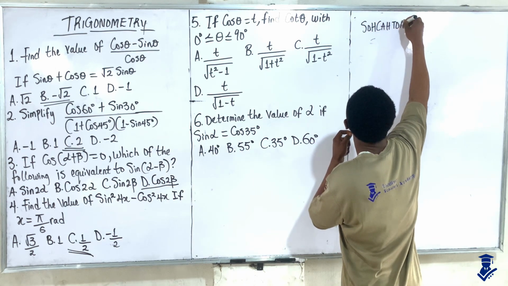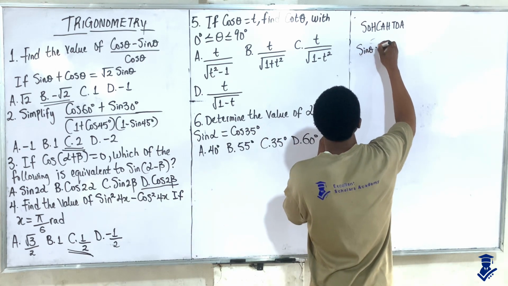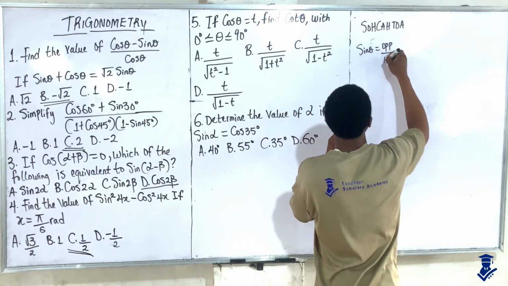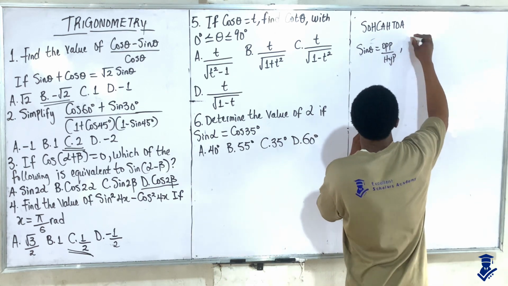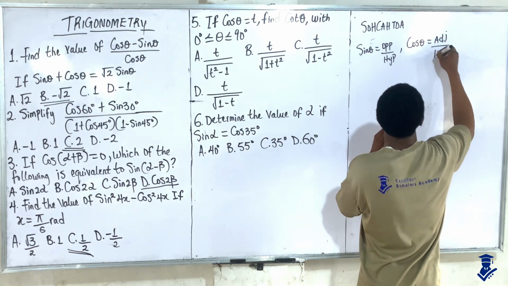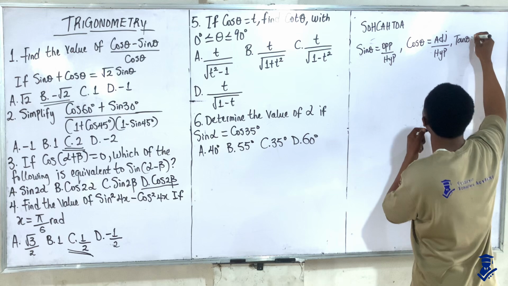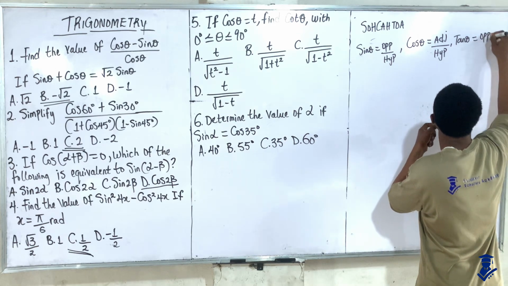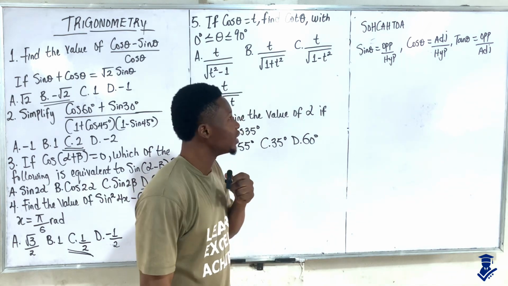Sine theta is equal to the opposite over the hypotenuse. And then we have CAH, which is cos theta, equal to the adjacent over the hypotenuse. And then we have tan theta, which is TOA, the opposite over adjacent.